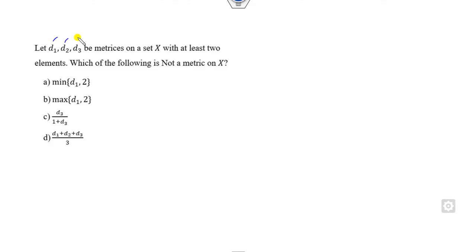Okay, let d1, d2 and d3 be metrics, and which of the following is not a metric? Only one correct option. d is given to you as a metric. Fine. Okay, if d is a metric, then we all know d over 1 plus d is also a metric. So yes, it is a metric, but we need a not. What is that?